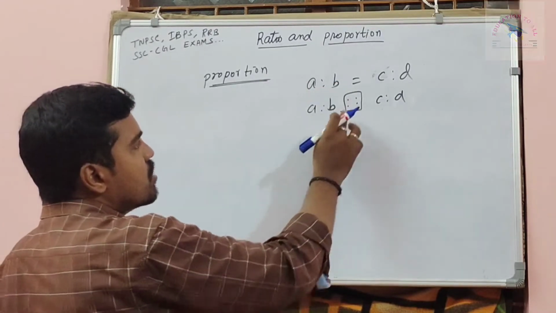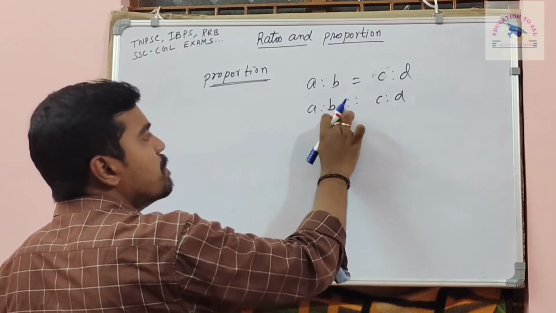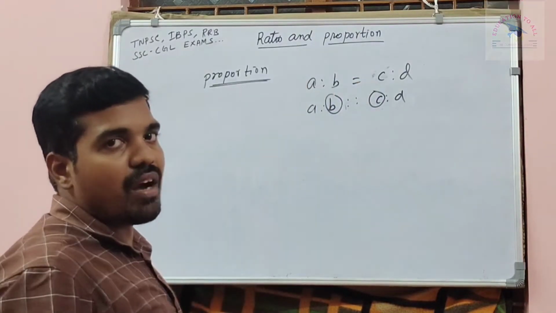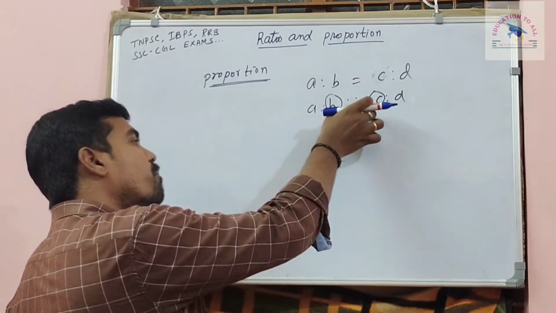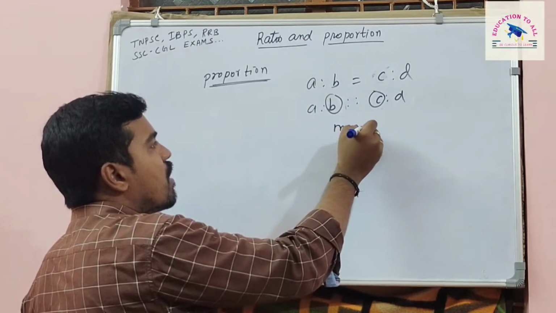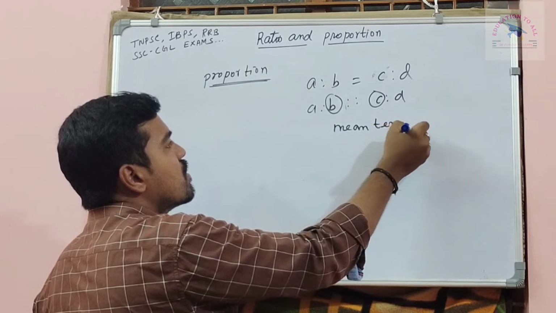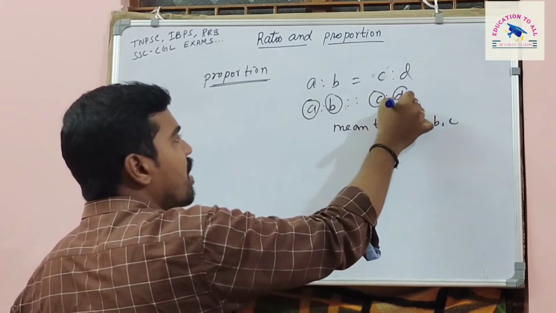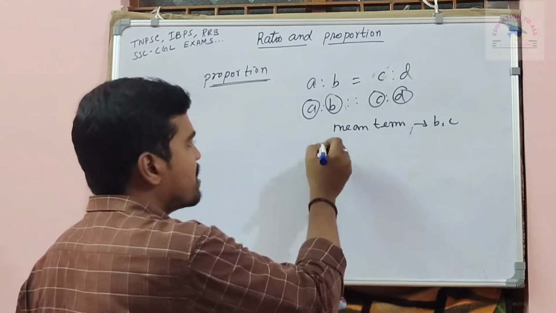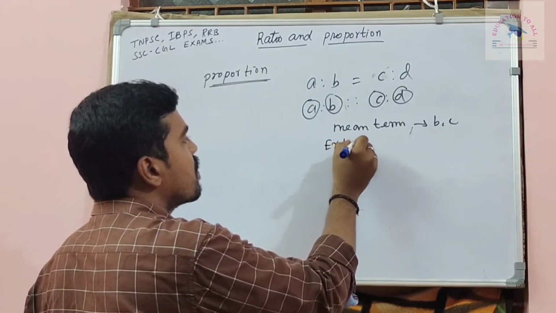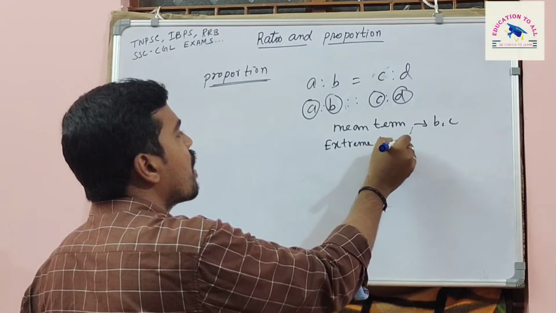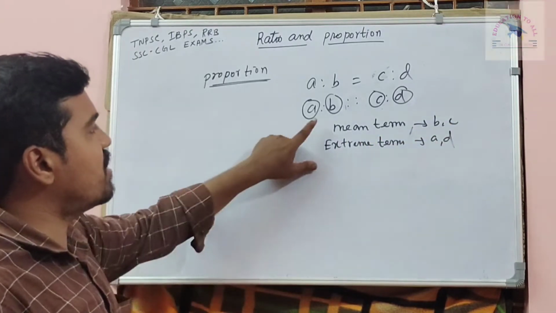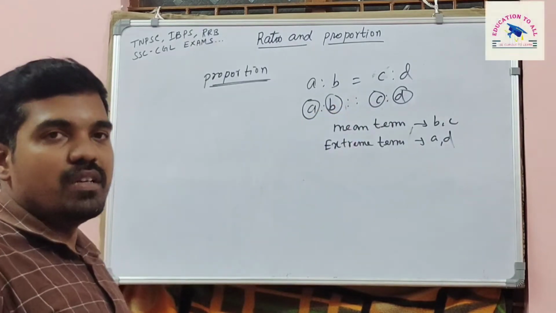Here the middle terms, B and C, are called mean terms, and A and D are called extreme terms.